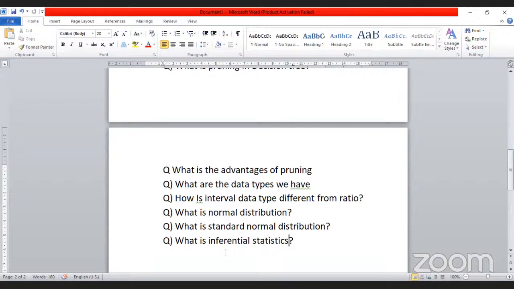That means they are making a statement about the population on the basis of sample data. This is inferential statistics, right?